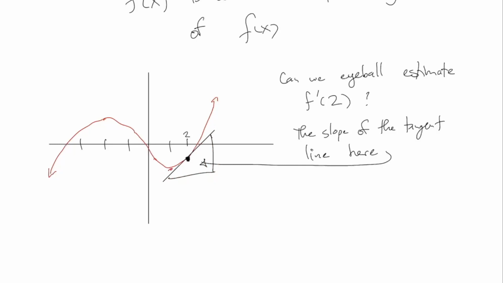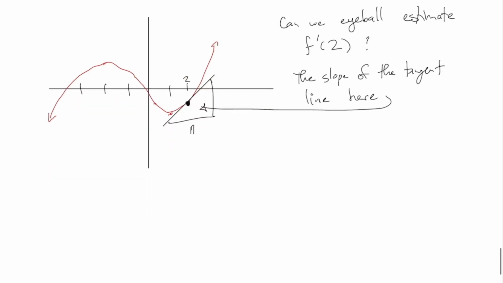So, it's the change in y over the change in x. What would you get in this case if you did that? I mean, you can say a specific number. It looks to me like this is going over 1 and up 1, right? So what would the slope be? You want to show me on the fingers?